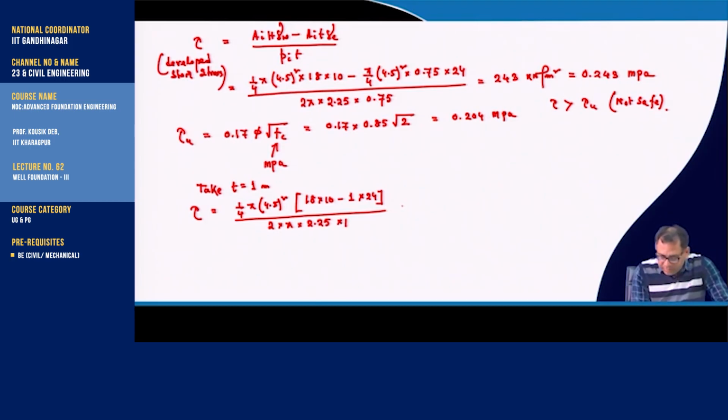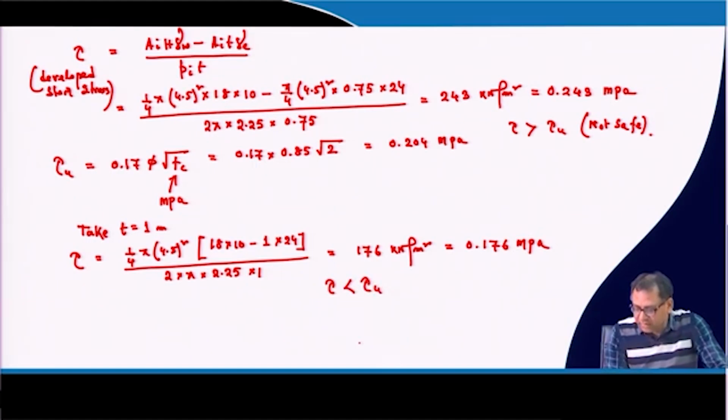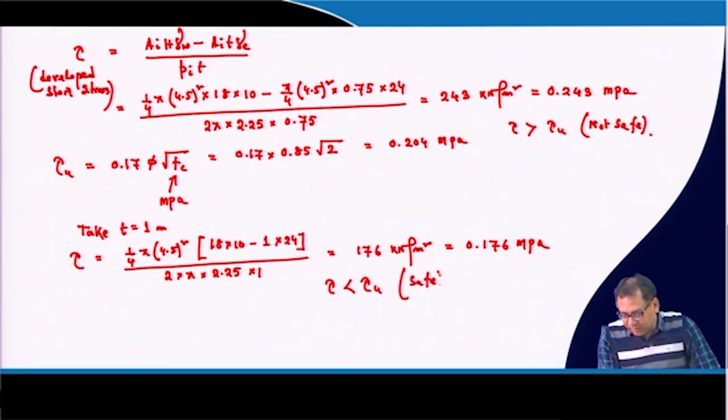So, that means it is coming out to be 176 kilonewton per meter square or 0.176 MPa. So, now tau is less than tau u. Tau u we will not change, it is 0.204 MPa, and tau is 0.176 MPa. So, it is safe against shear also.